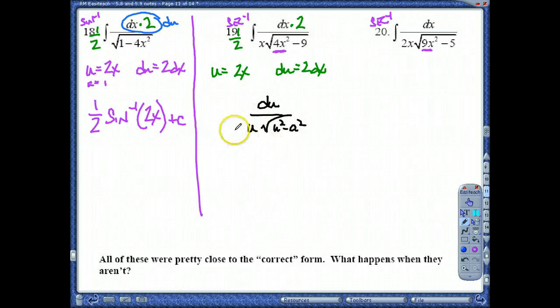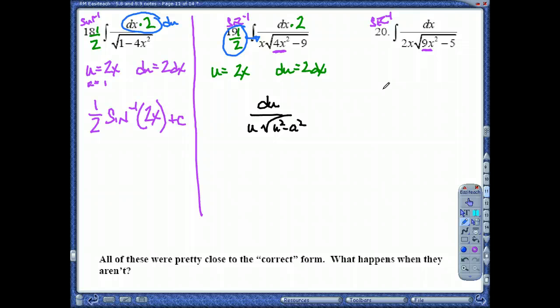So that u, I need that u out in front. If you look, I don't have that u out in front. I have just x. So wait a minute, look, you have that 1/2 out in front. We're going to move that 1/2 back inside. So this is one of the few times we actually need that counteracting part.